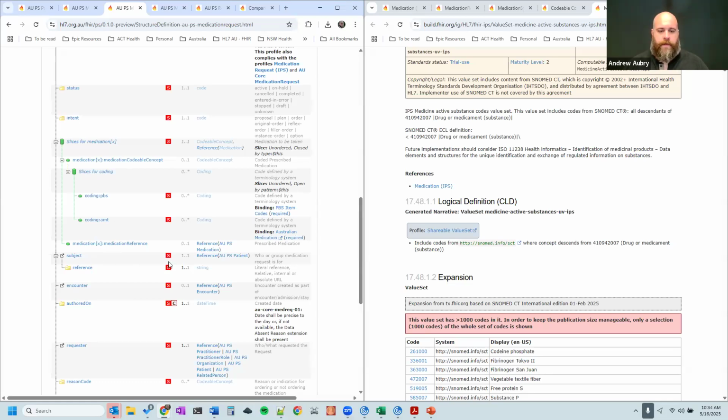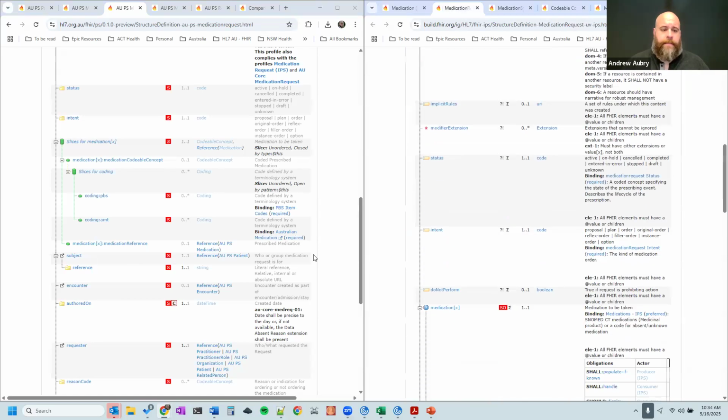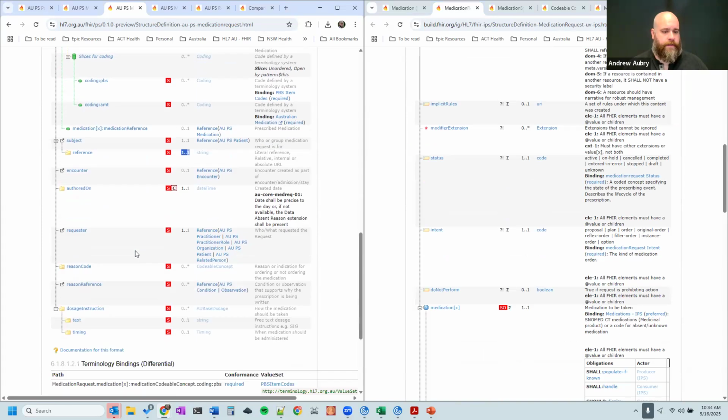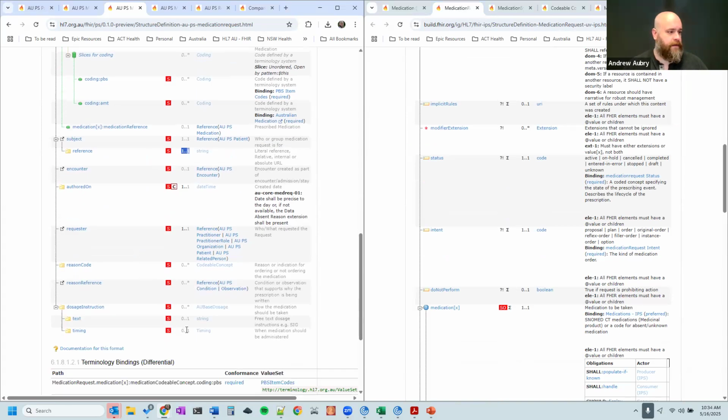So by inheriting from IPS, we are saying that a medication request must have a reference to a patient, and that cardinality is 1. The other one is dosage instruction timing. This is flagged as must support in IPS, where that was not flagged in core.